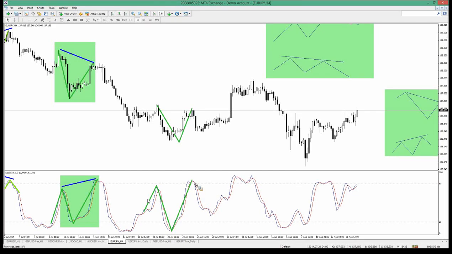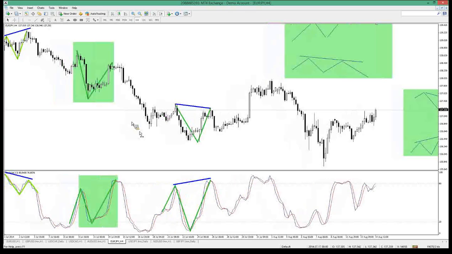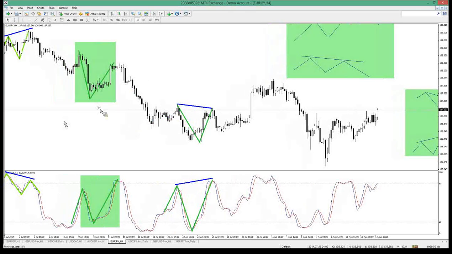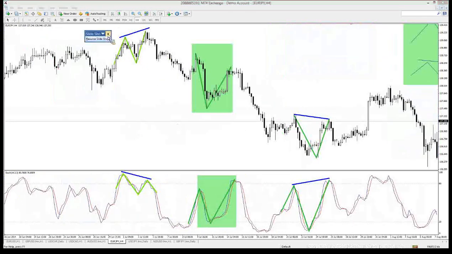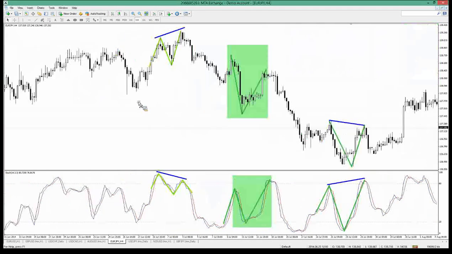So what we have is the opposite. This is why we call it reverse divergence. Very, very powerful stuff, and very good in a very strong trending market.